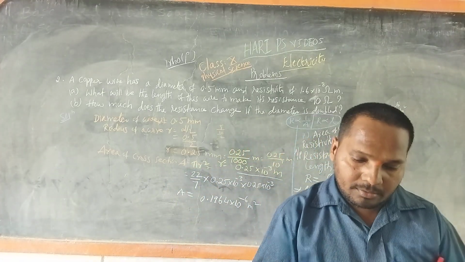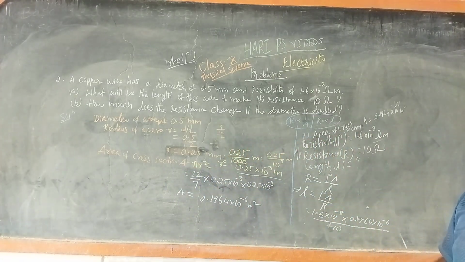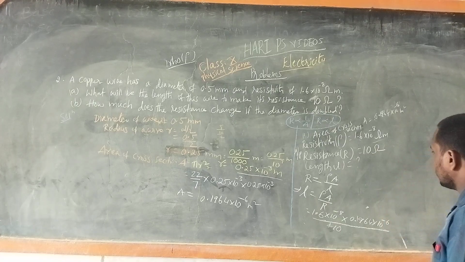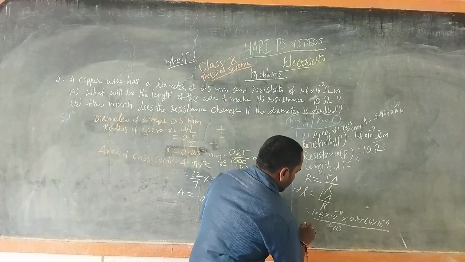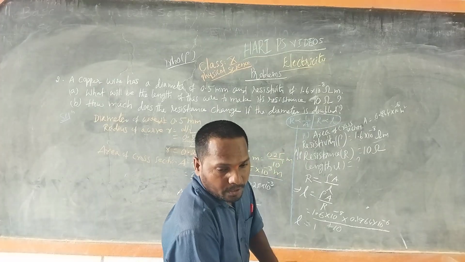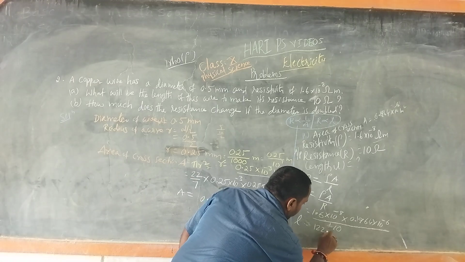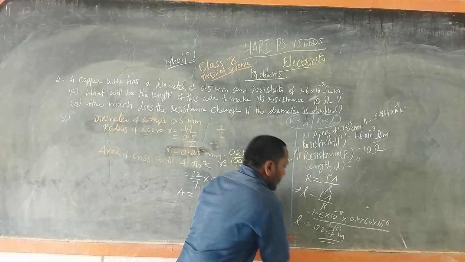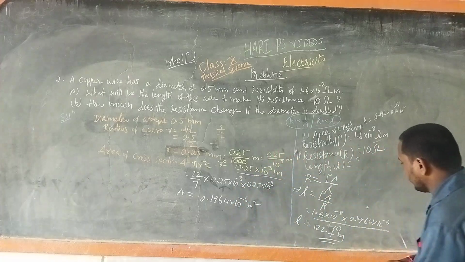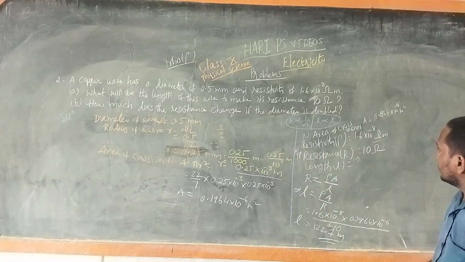After all the simplification, the length of the copper wire is 122.7 meters.